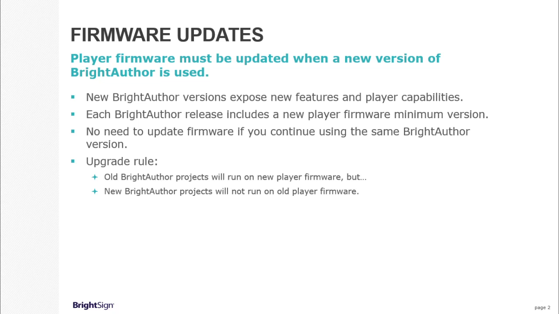And if you find yourself in that state, you're stuck. There's no real way to back out of that. You now are forced to update firmware on that player or reset the player and republish an older project.